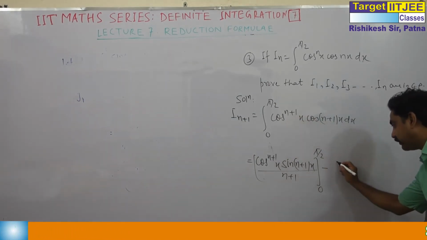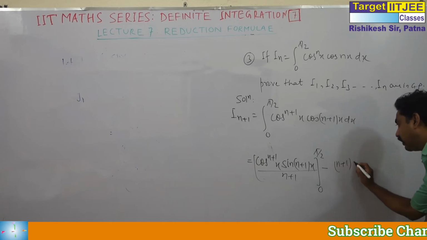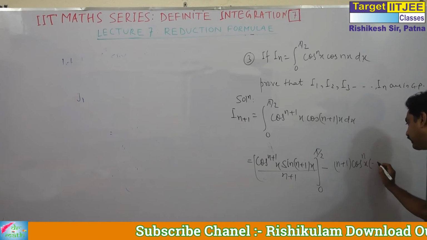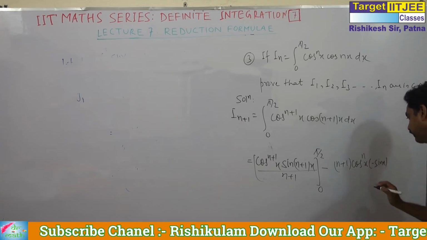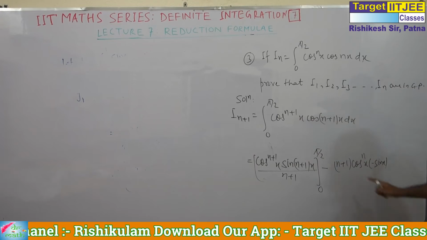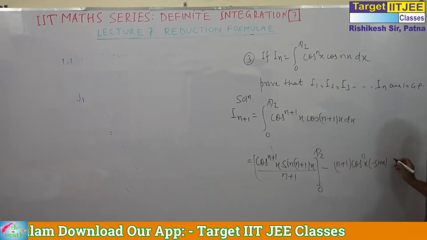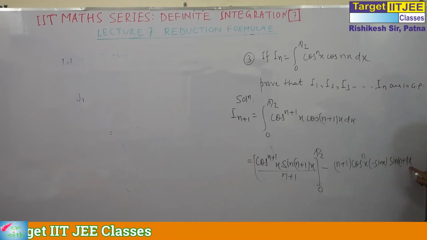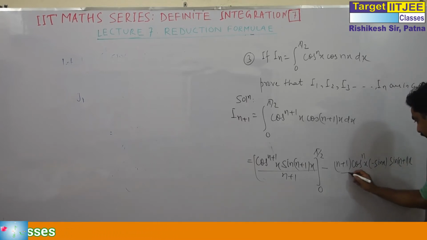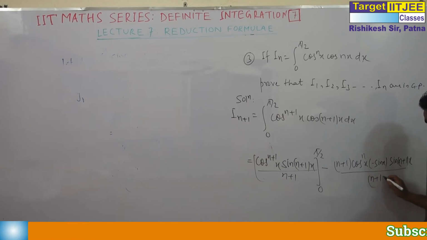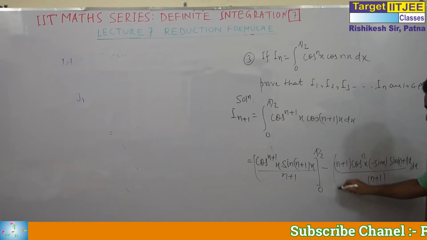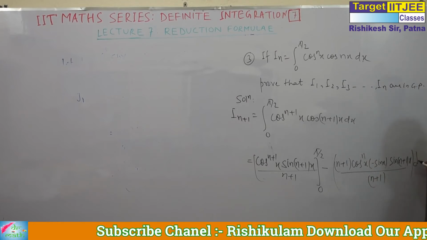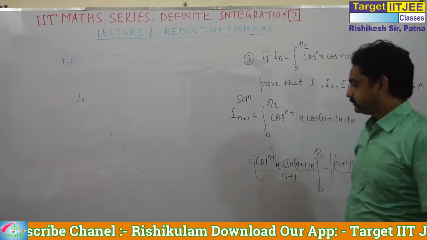Differentiation of this one is n cos to the power (n-1) x into minus sin x, into integration of this one, which is sin (n+1)x divided by (n+1), into dx. And we have to integrate it again.